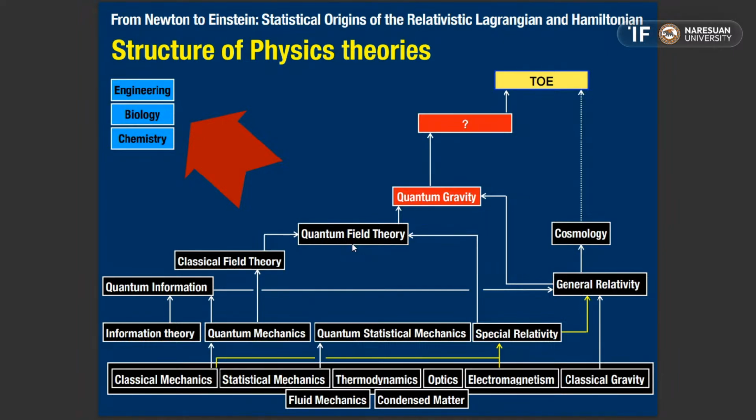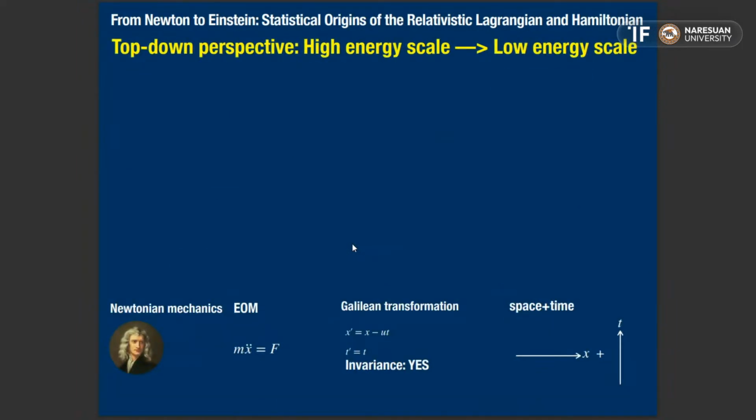All right, so we start here at the bottom line. We have Newtonian mechanics, where we work with the equation of motion, which is nothing but F proportional to the acceleration of the body, right? And we have the Galilean transformation, and then we have space and time separately, I would say.